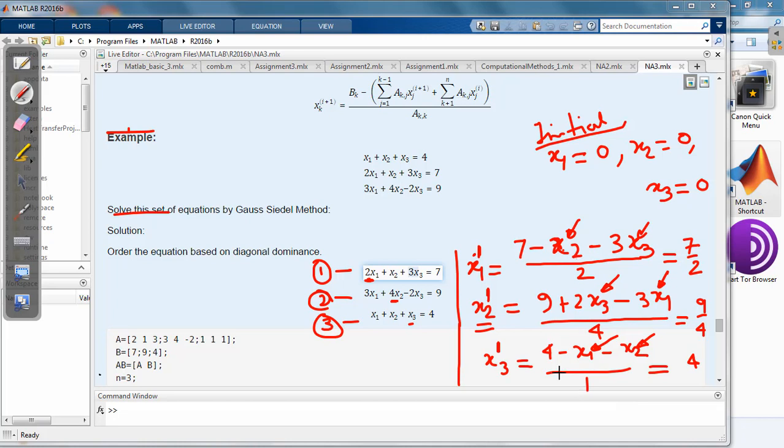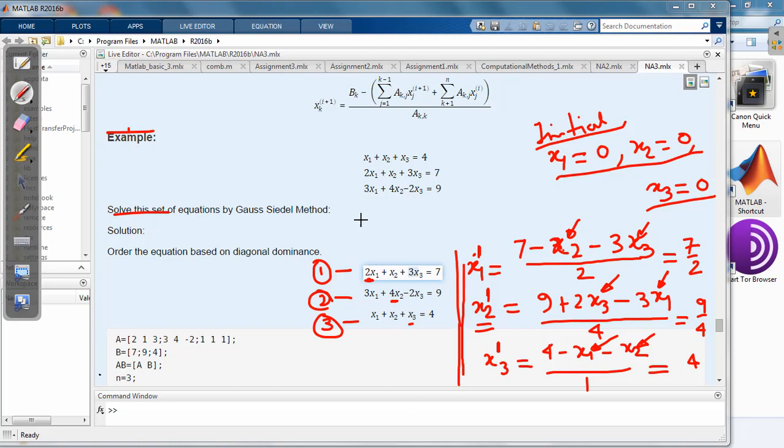So in this way, if we find x1, x2 and x3 after the first iteration, this method is called Jacobi's method. In Jacobi's method, we have used the values of x1, x2, x3 of the previous iteration, and using that we are finding the current iteration.